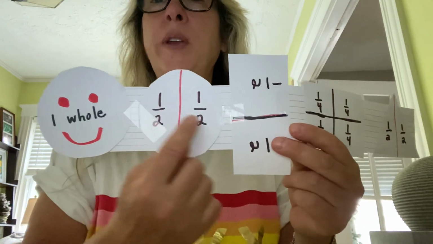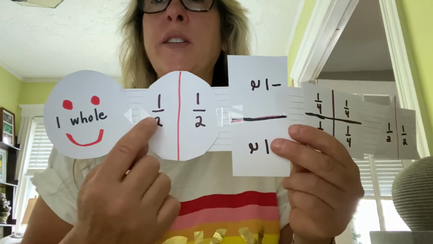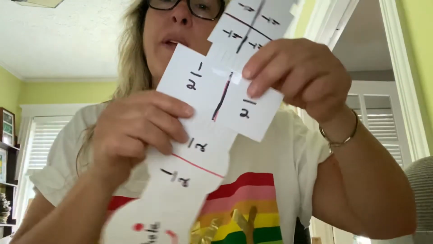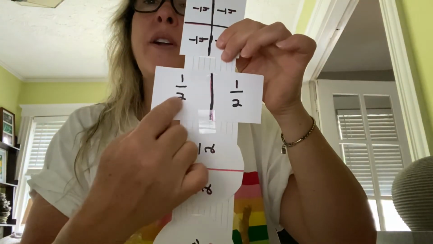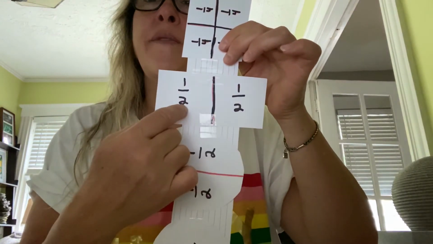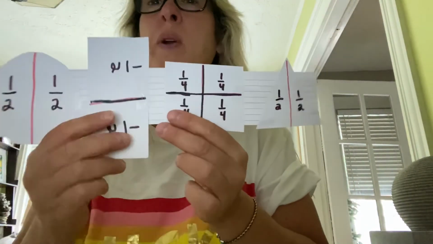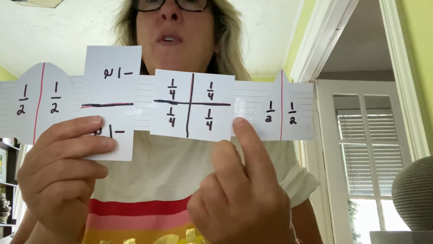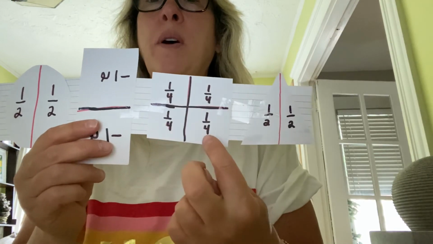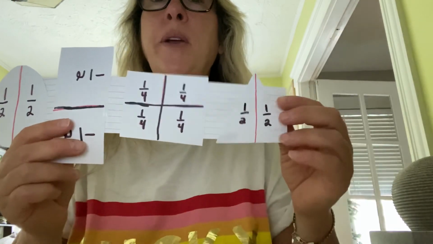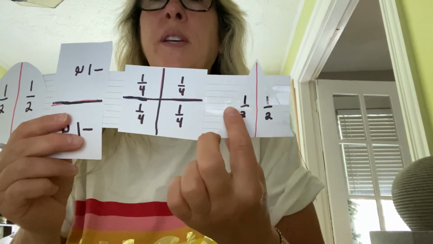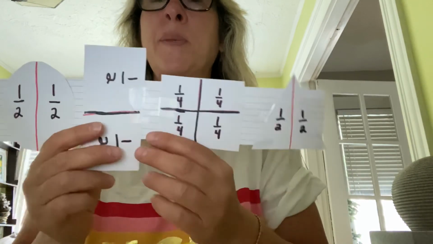I have 2 equal parts, so each part is a half. On my rectangle, I have 2 equal parts. Each part is 1/2. My square, I decided to cut it into fourths, so I have 4 equal parts. And then my triangle, I decided to cut it down the middle and I have 2 equal parts.